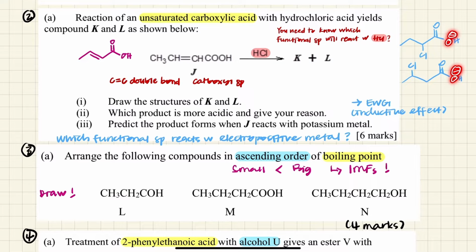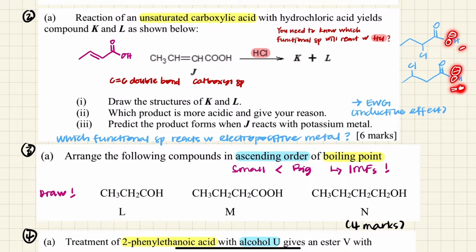So which oxygen is higher in electron density? This one, number 1 or number 2? Obviously it will be your number 2. So this one here will have more electron density at the oxygen.